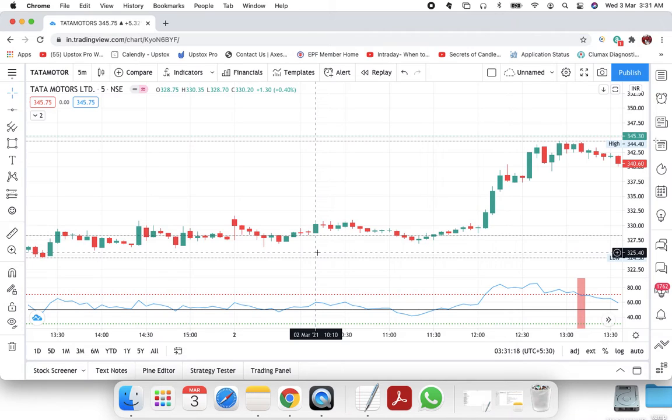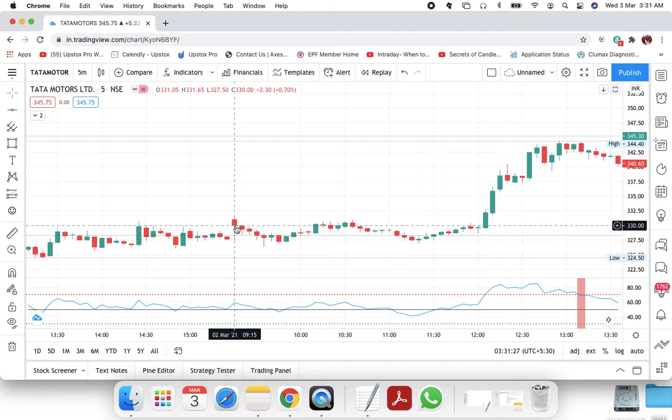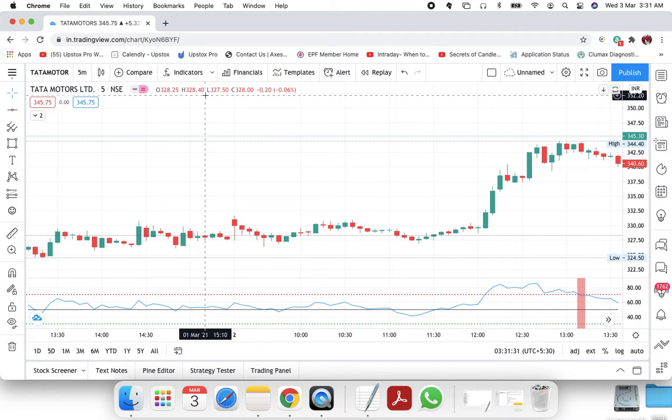If you mouse over any particular candlestick, in the upper area you can see the open price, then high, then low, and then close of that particular candle, so that it clearly gives you the price action at that point of time.